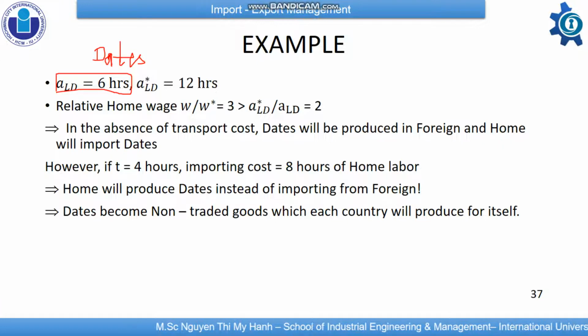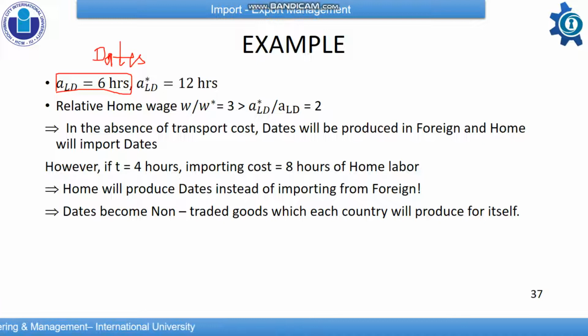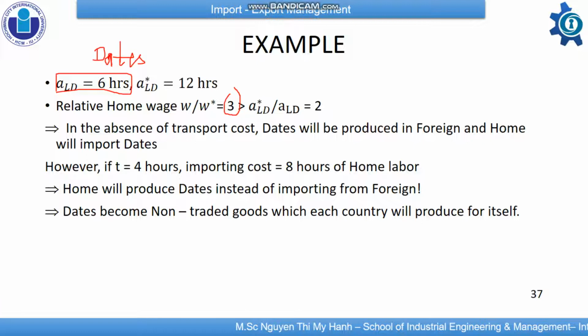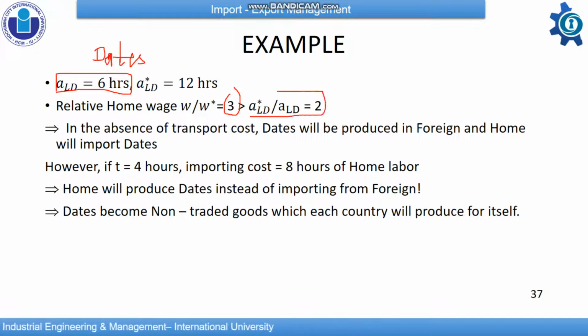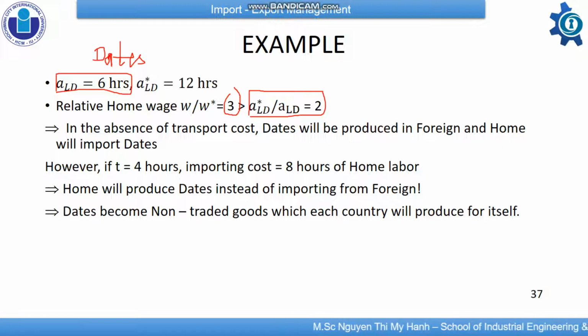So we can calculate the relative wage in the home country to the foreign country is 3, and we see the relative wage in the home country to the foreign country is larger than the relative unit labor requirement for dates in the foreign country to the home country.